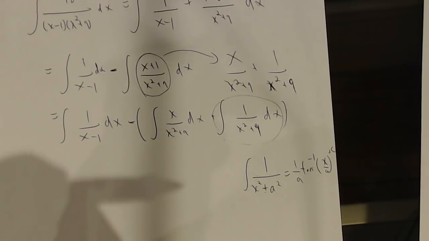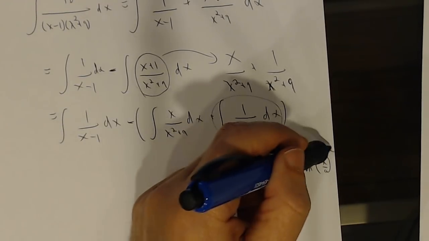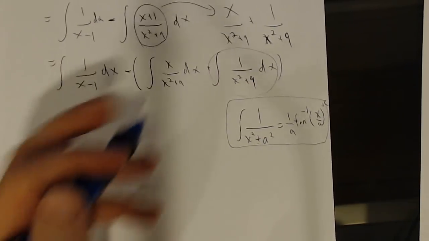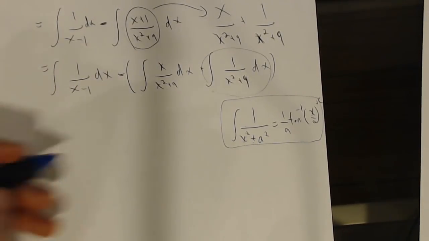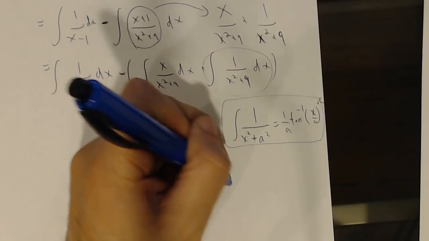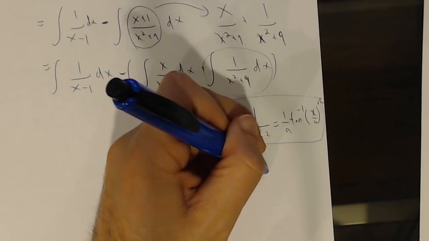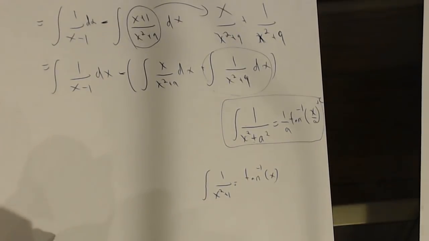Okay, so let me validate this some more. Why is this the way it is? Because think of it this way. We learned that the integral of 1 over x squared plus 1 is tangent inverse of x, right?